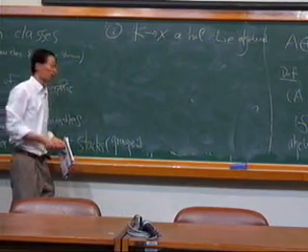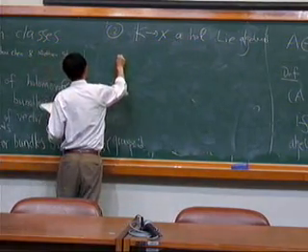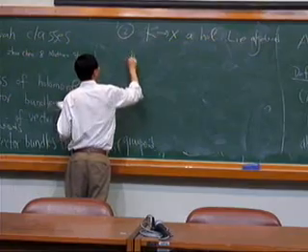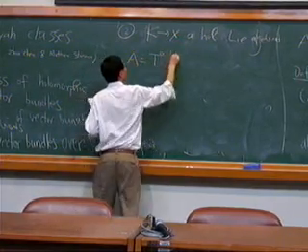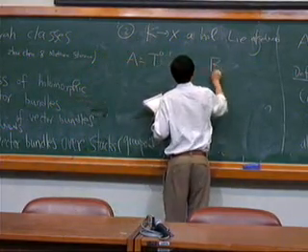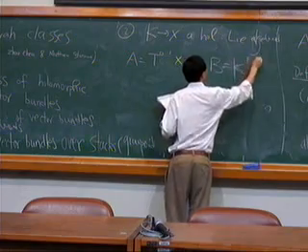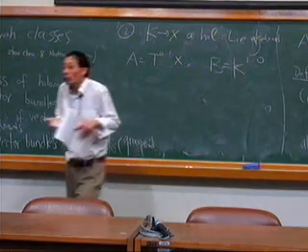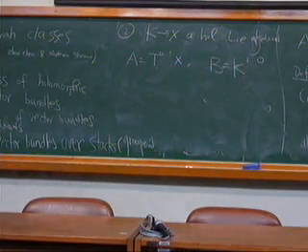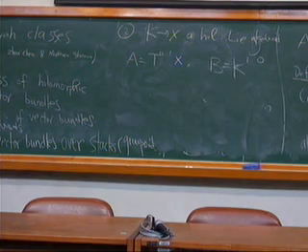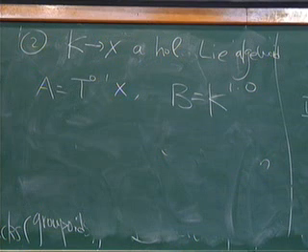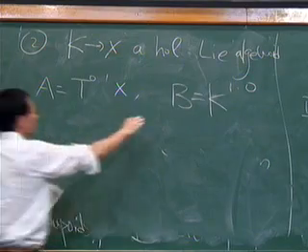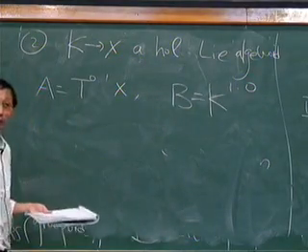Then A is T01X, and B is K10. Whenever you have a holomorphic algebroid, you can always have the underlying smooth algebroid, then you complexify and take the 10 part. It's a very standard way. And this again is a matching pair.